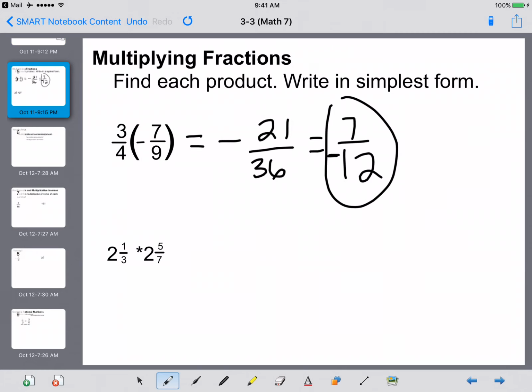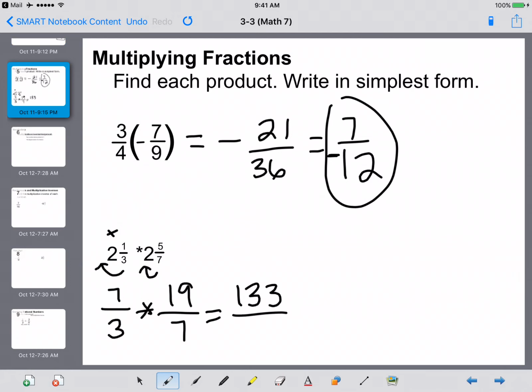Now here we have a mixed number. So what we need to do is turn that into an improper fraction first. So you take your denominator times your whole number plus your numerator. So 2 times 3 is 6, plus 1 is 7, and then we're keeping that over 3. 7 times 2 is 14, plus 5 is 19/7. 19 times 7 gets us 133, and 7 times 3 is 21.